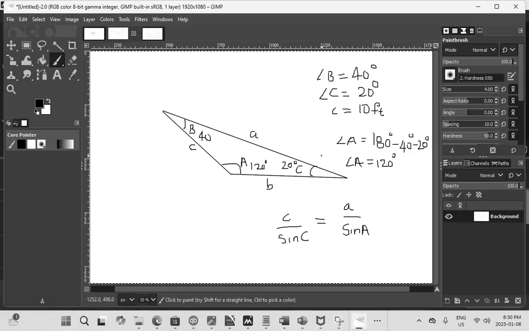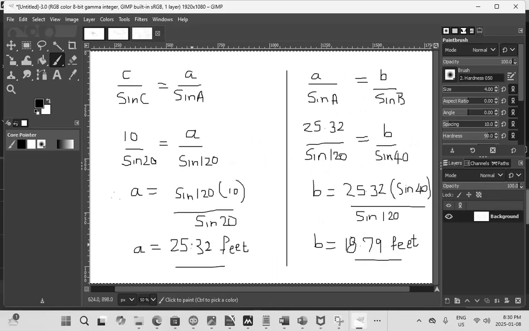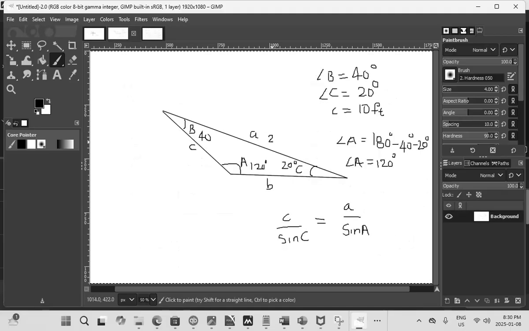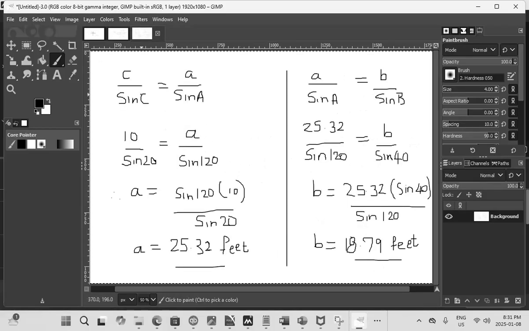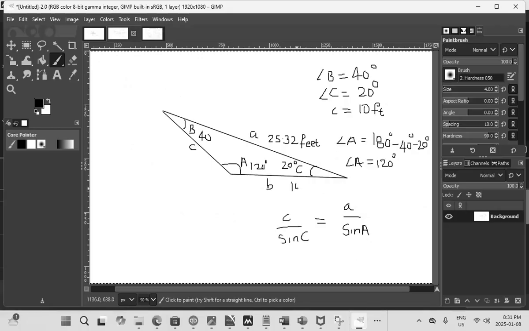Side A is 25.32 feet, side B is 18.79 feet, and we were given side C, which was 10 feet.